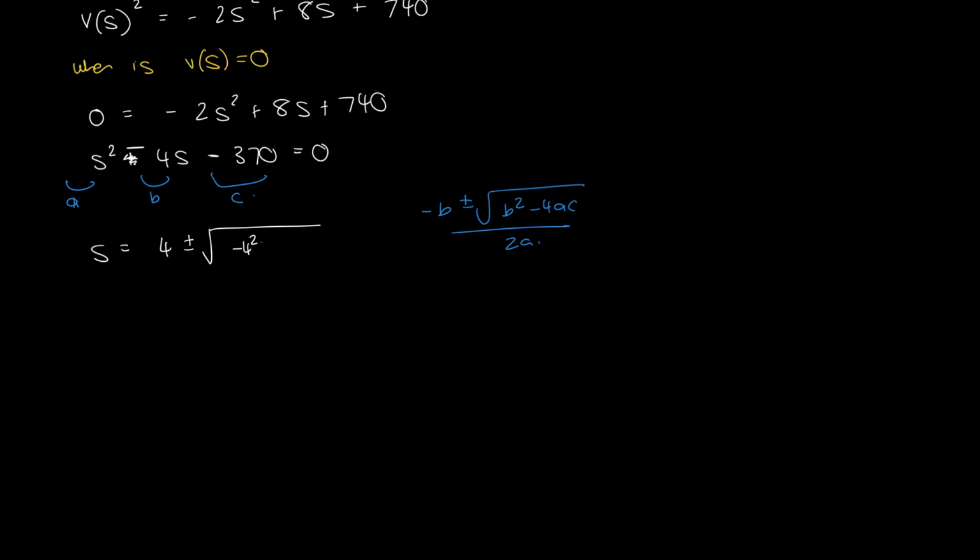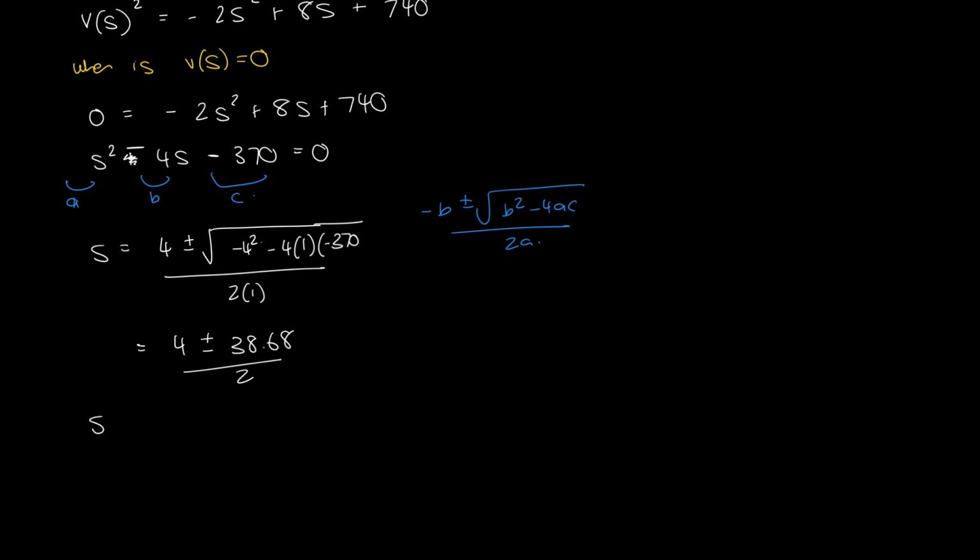Okay, minus 4 squared, minus 4 times 1 times minus 370 over 2 times 1, and that's going to give us 4 plus or minus 38.68 divided by 2.